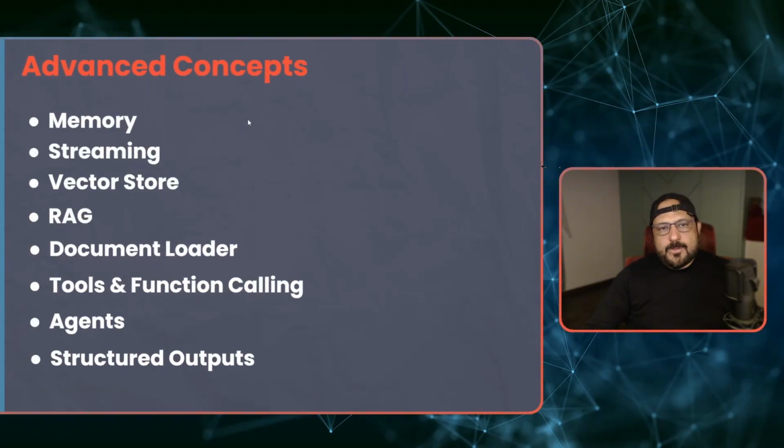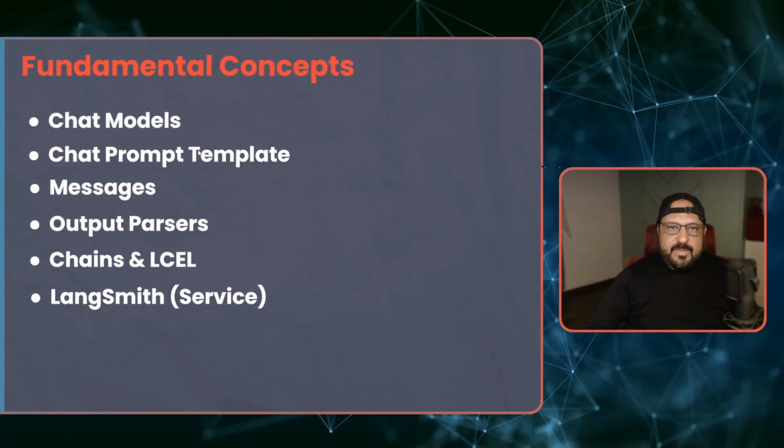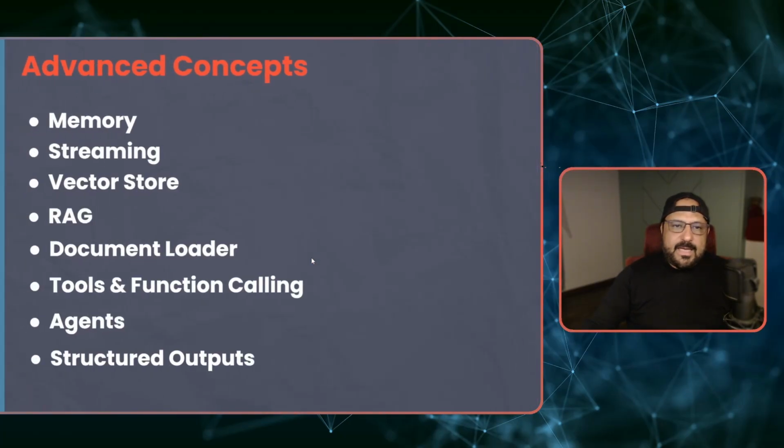Now I want to mention a few more concepts, because the prior list was very basic and fundamental, and these are concepts we also need to know for building complex applications. We are not going to cover them in this or the next video. They will be the subject of future videos, when we talk about building a chatbot, a RAG application or an agentic application.